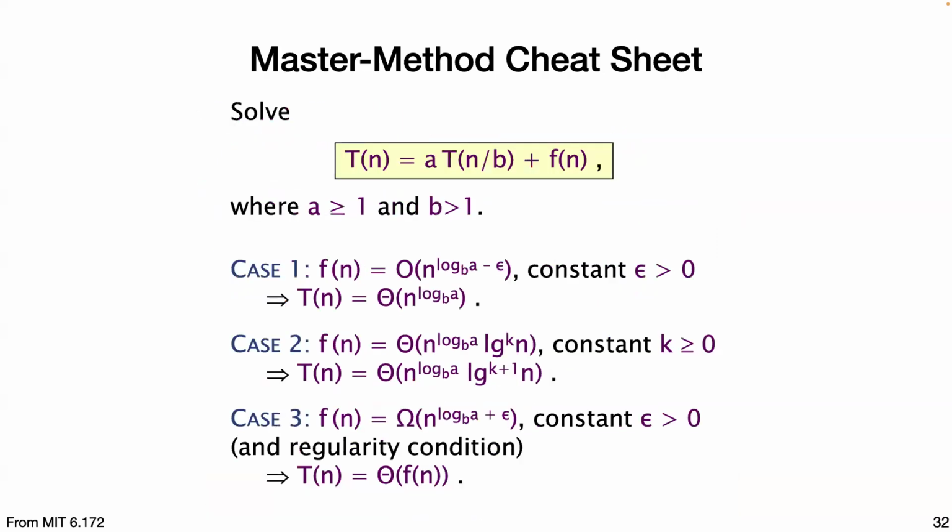So case 2: if f(n) is of this form, number of leaves times log raised to the k of n, which is the form that the master theorem covers, then the result is just number of leaves times one more log than that.